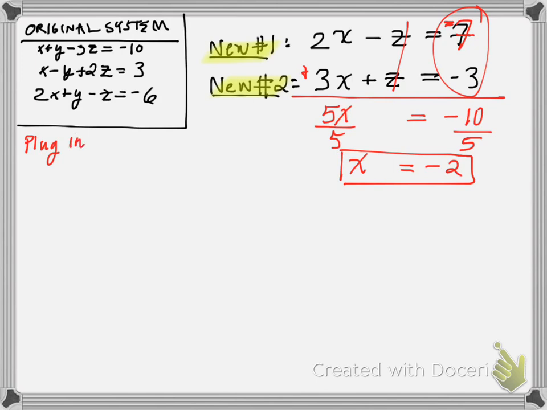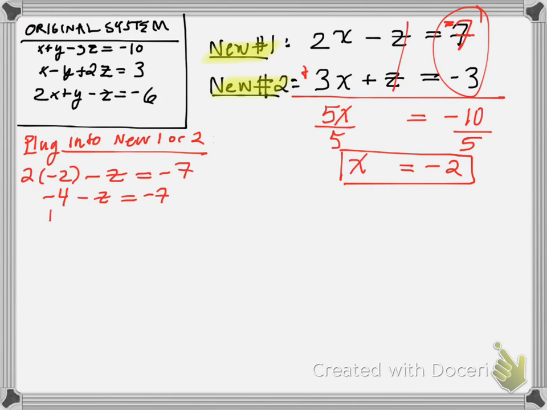So we want to plug into new 1 or 2, right? And we have our x equals negative 2, so I'm going to just plug into the first one. And I get negative 4 minus z is equal to negative 7, so I can add 4. And I get negative z is equal to negative 3. So dividing by negative 1, I get z equals 3.